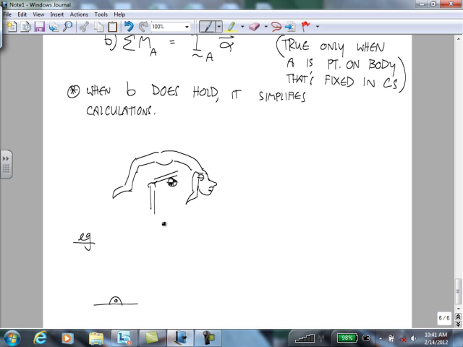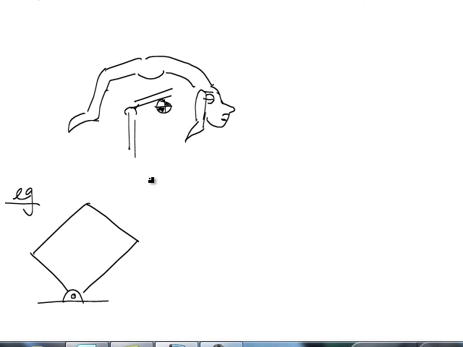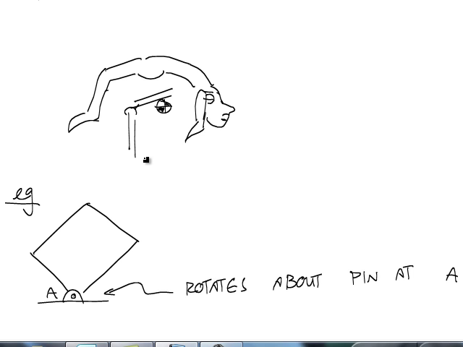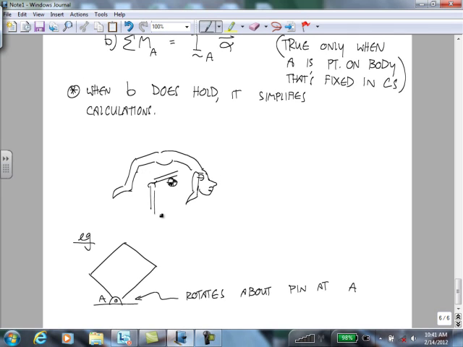Okay, so for example, if you had something like this, where this body rotates about this pin at A, in this case, and say the center of mass of this object is here, okay?